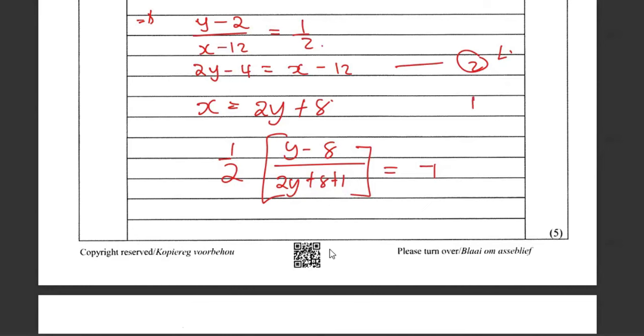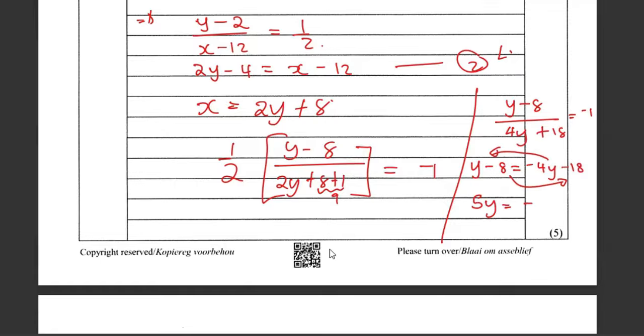Okay, so it's 1 over 2. Why is this question playing me games? So (y minus 8) over, we know that 8 plus 1 is 9, so it's going to be (y minus 8) over (4y plus 18) is equal to -1. Let's cross multiply. So y minus 8 is going to be -4y minus 18. Move this one that side, move this one that side.